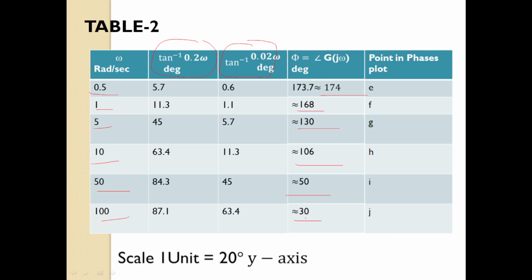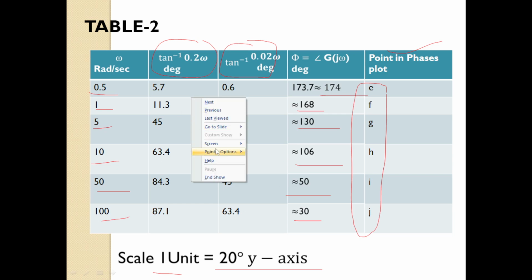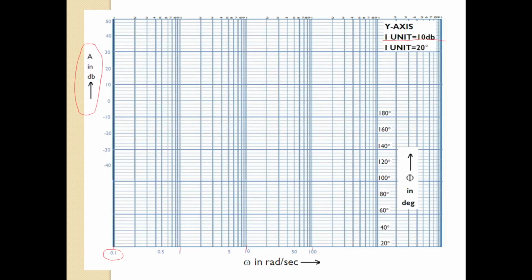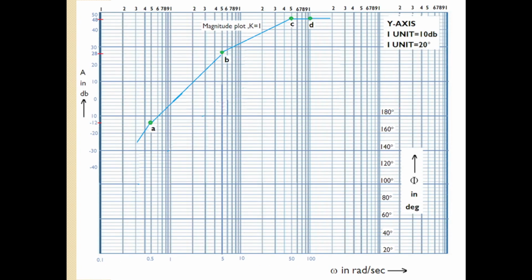So we have got approximately 6 points. Consider these points on the phase plot, E, F, G, H, I, J, and consider 1 unit equal to 20 degrees on the y-axis. Now let us go to the plot. This is the y-axis, phi in degrees.